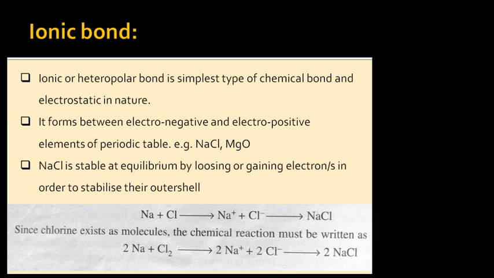Let us take the entire discussion keeping the material NaCl as the focus. NaCl is a stable equilibrium by losing or gaining electrons in order to stabilize their outer shell, right? So valence shell को stabilize करने के लिए either gaining or losing one electron, this bond is going to be formed, right? In general, the octet will be fulfilled, right?